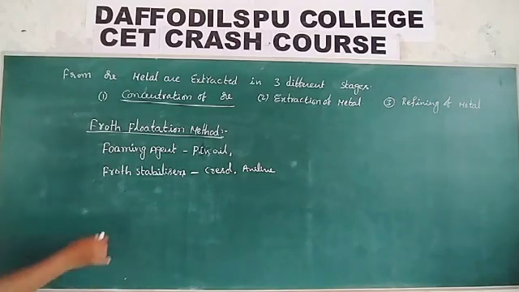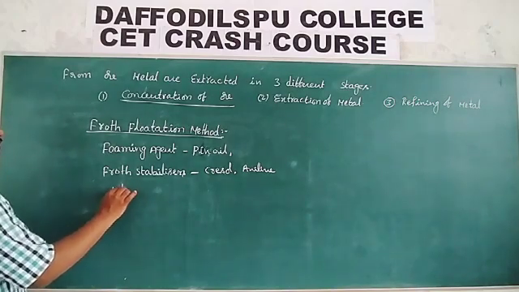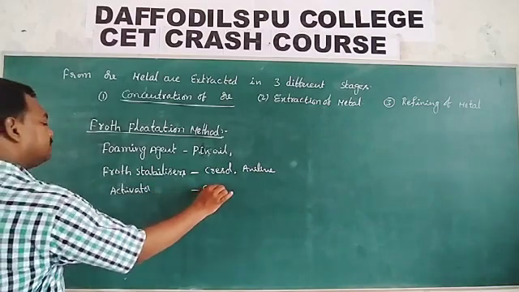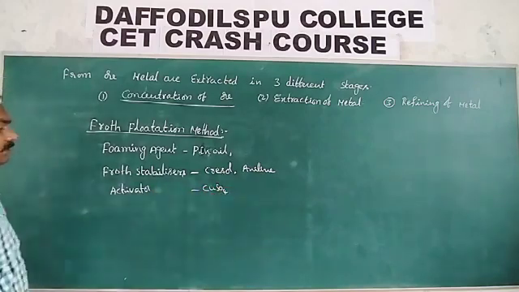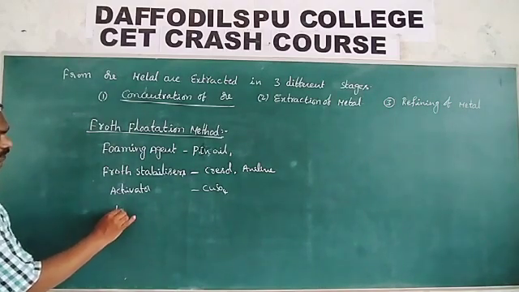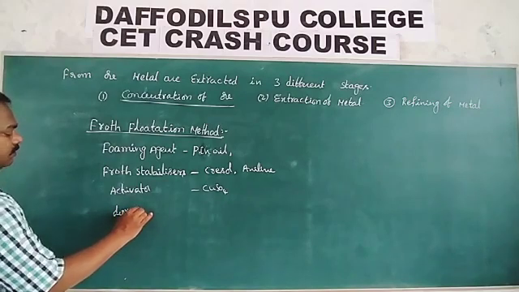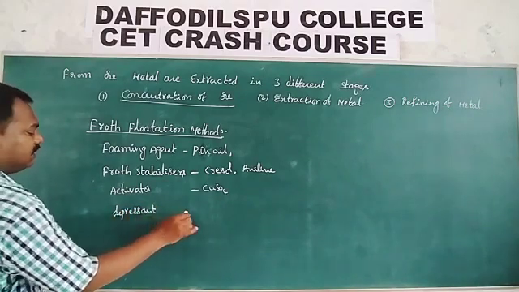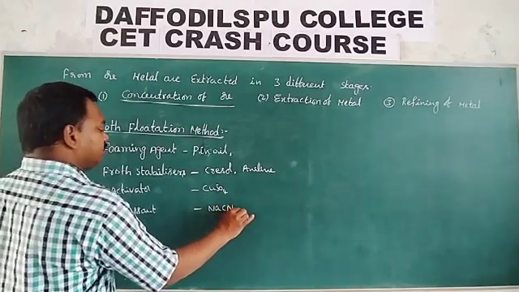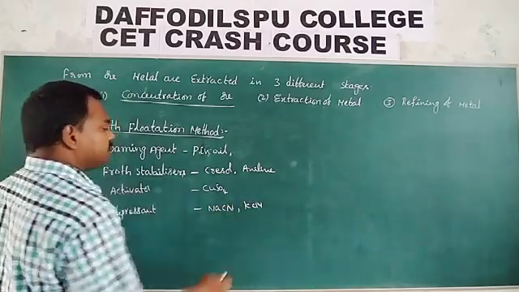After that, activators like copper sulfate are added. After that, if depressants are needed, then different depressants are also added. These depressants are generally sodium cyanide and potassium cyanide.